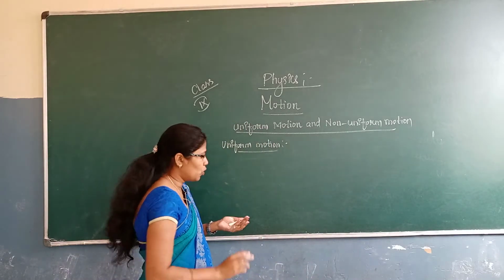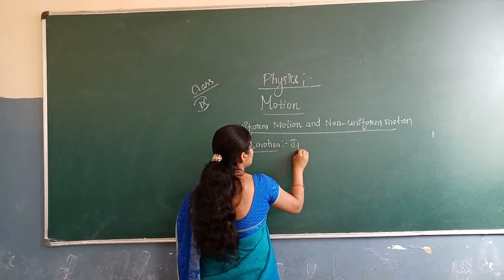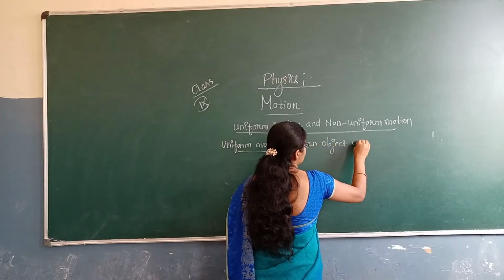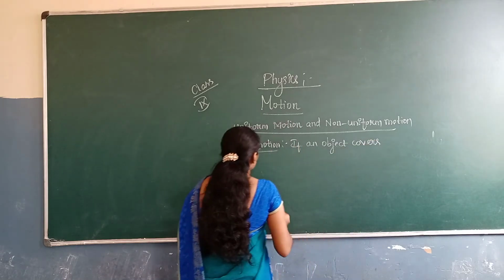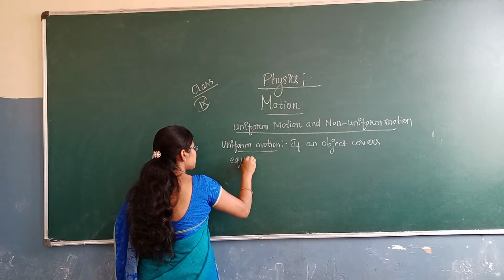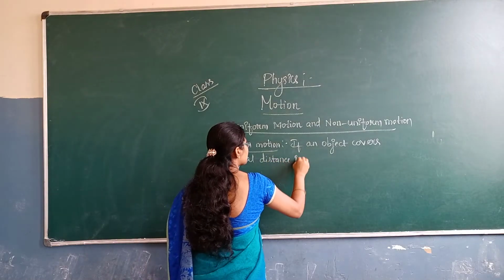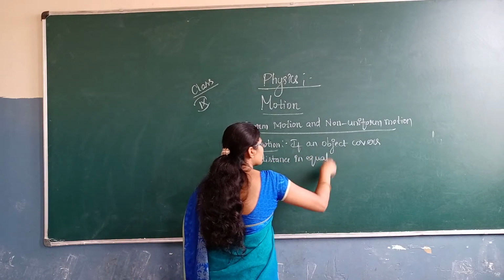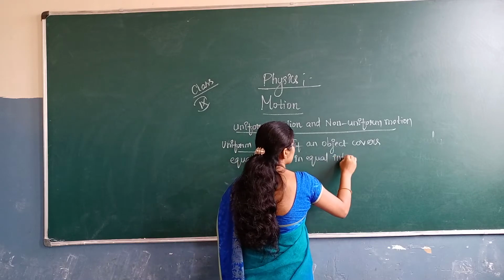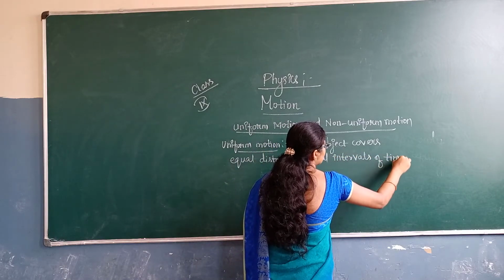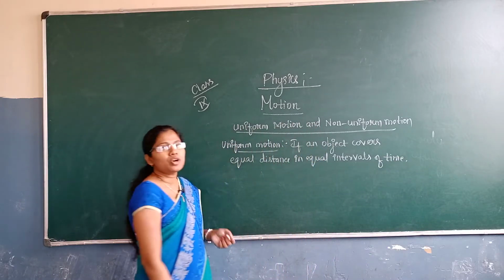It is a very important definition. If an object covers equal distance in equal intervals of time, this is called uniform motion.